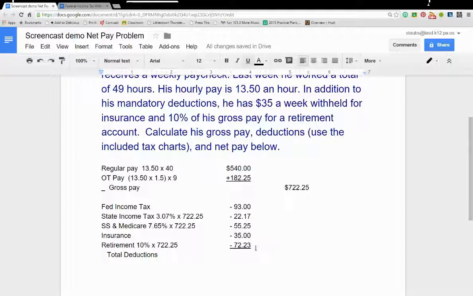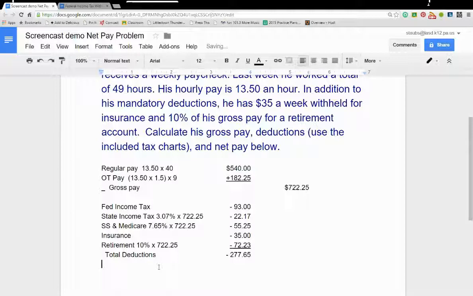And I somehow lost my tabs. Here we go. And that total, hopefully you had time to add it up, comes out to $277.65. That's his total deductions, money taken out of his paycheck.